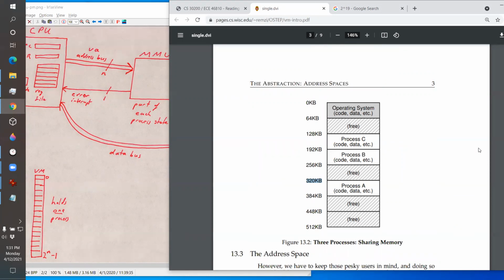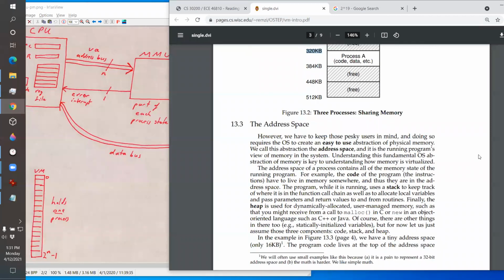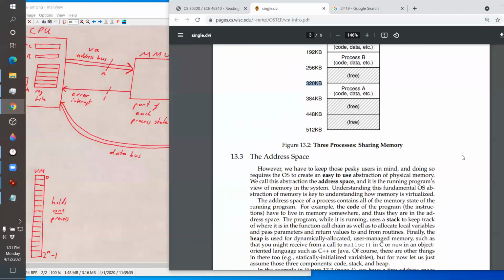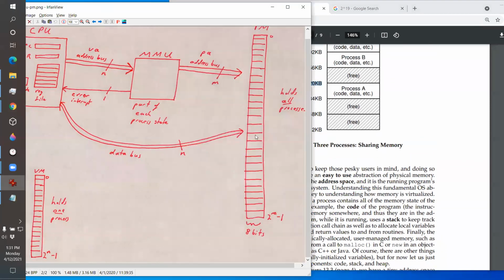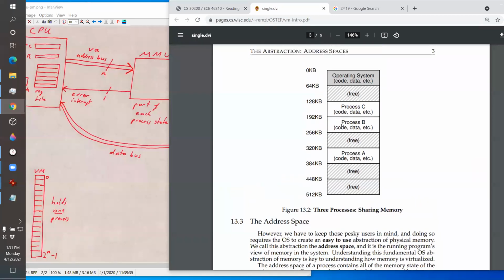Okay. So this virtual memory system is meant to solve a bunch of problems. One is protection. You don't want process A to be able to see process B in any way. And then the other is efficiency. We want to be able to move processes around to free up memory so that a large process can come in.